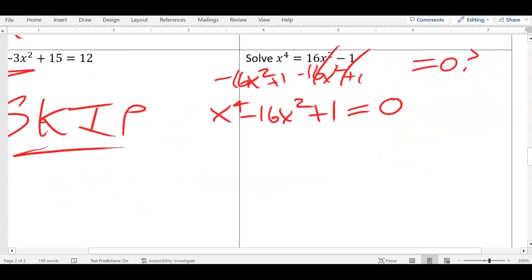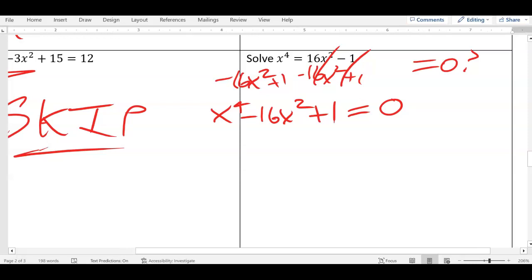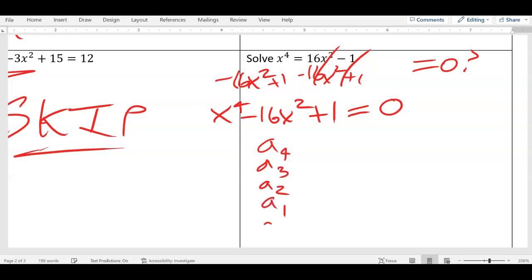Let's write down our coefficients. What degree is the highest degree here? 4. So do a sub 4, a sub 3, a sub 2, a sub 1, a sub 0. That's a lot. Okay. So what is my a sub 4? What's in front of x to the 4th? 1.